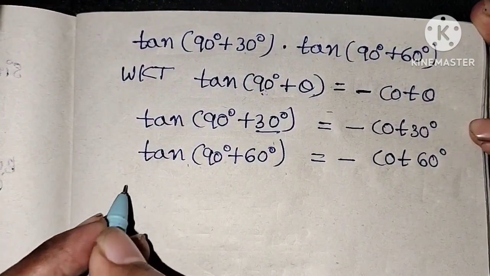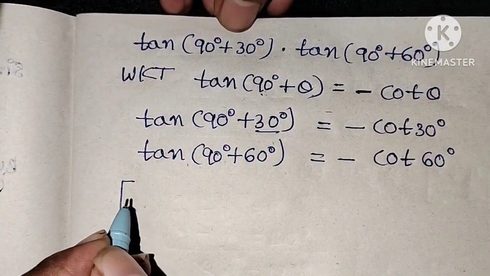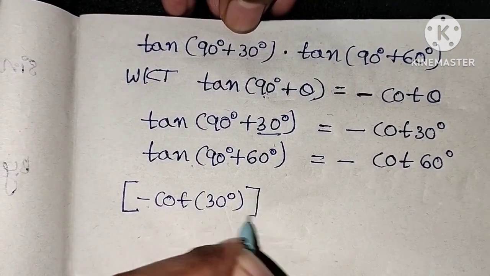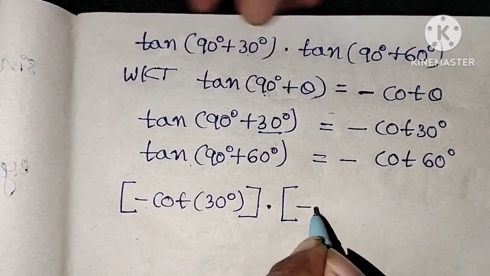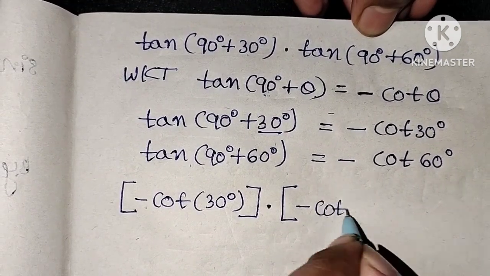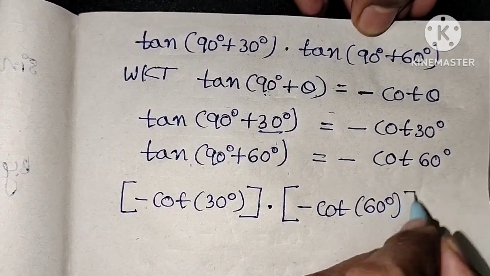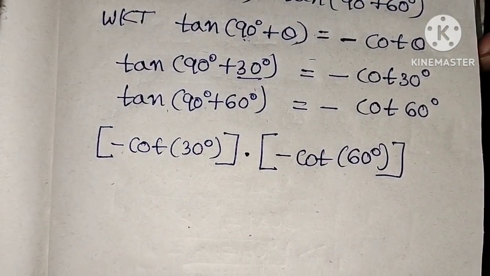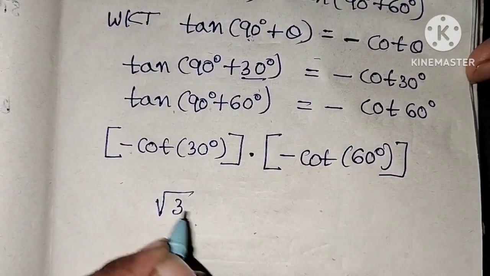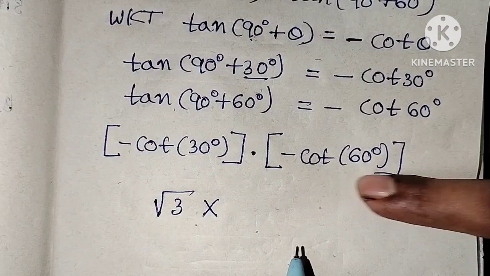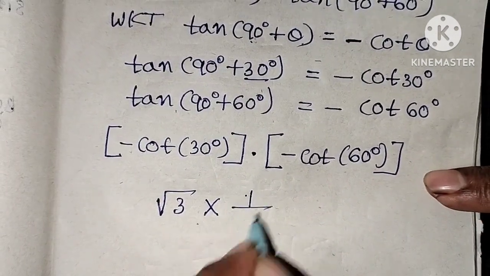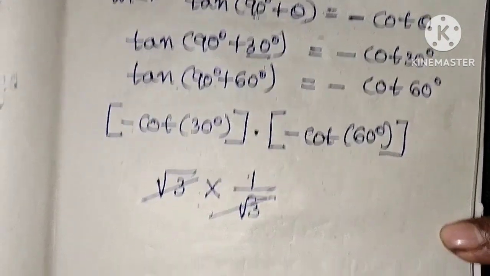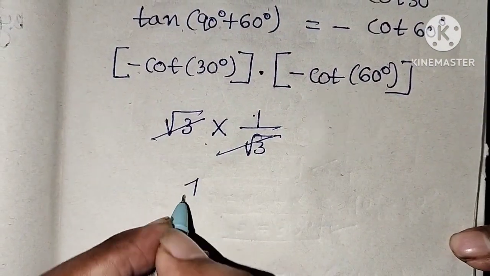So in place of tan(90+30) we write minus cot 30 degrees, into minus cot 60 degrees. Minus into minus is plus. Cot 30 is equal to root 3, into cot 60, whose value is 1 by root 3. So root 3 gets cancelled, and you will get 1.